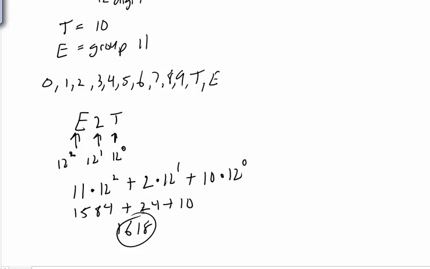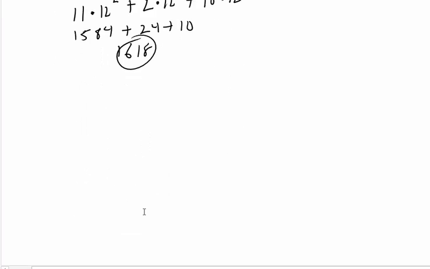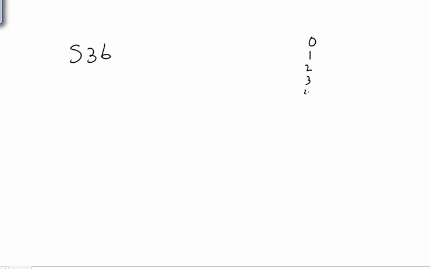Let's go the other direction. Let's just take a number. Let's do something like 536. And let's translate that into base 12 using this new system. Let me write out our possible digits. So 0, 1, 2, 3, 4, 5, 6, 7, 8, 9.